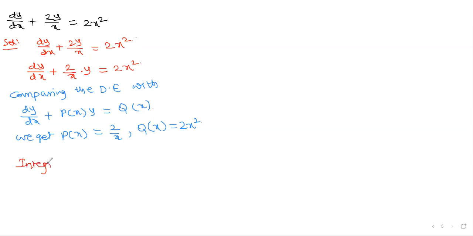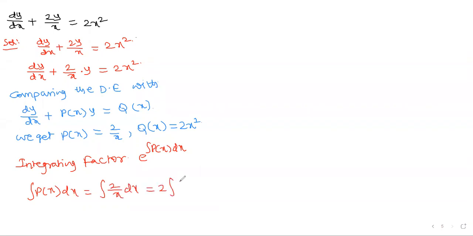The integrating factor is e power integral p of x dx. To solve this easily, we first find integral p of x dx, which is integral 2 by x dx.